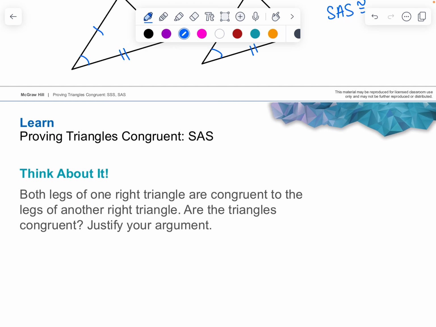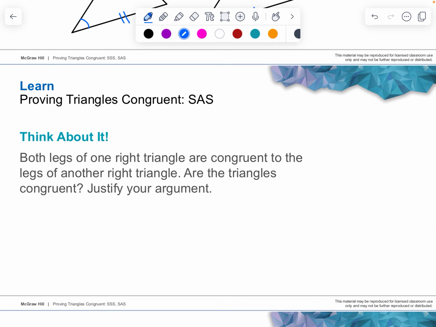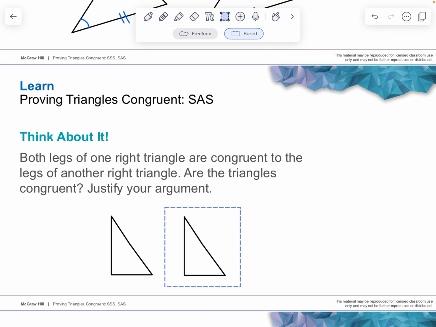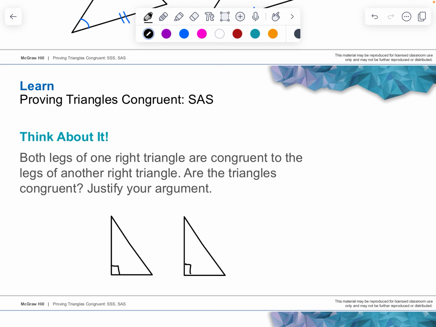All right. Both legs of one right triangle are congruent to the legs of another right triangle. Are the triangles congruent? So let's look at that. If we have one right triangle, and another, and they tell us they're right. And the legs, these are the legs right here, because obviously this one out here is the hypotenuse.